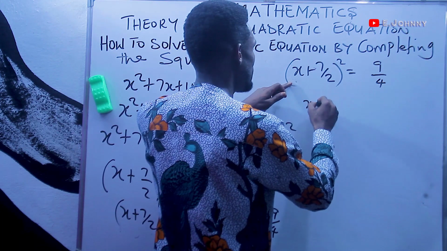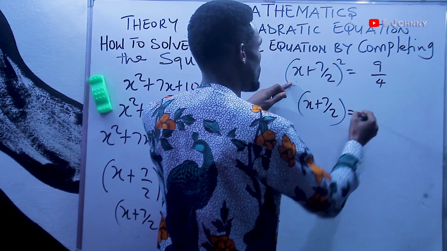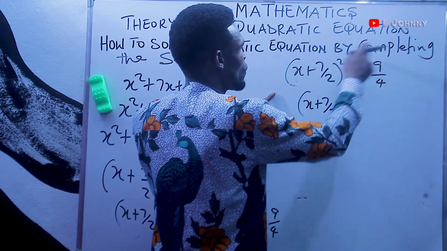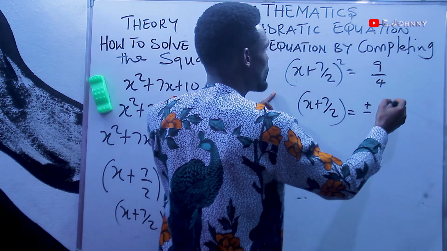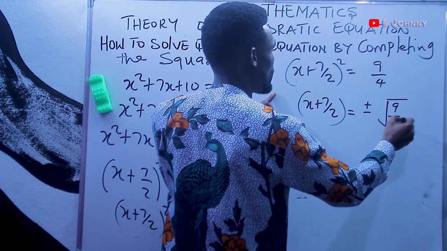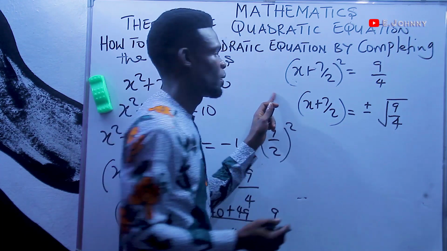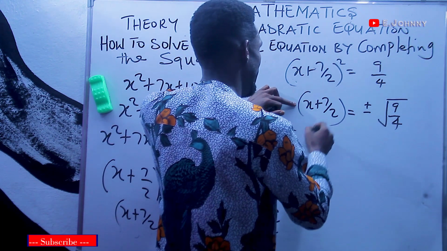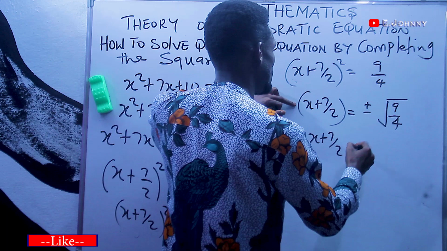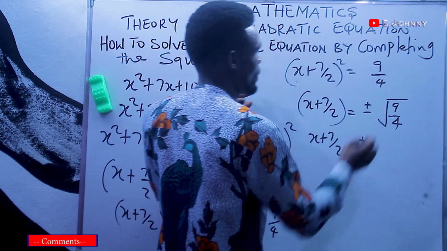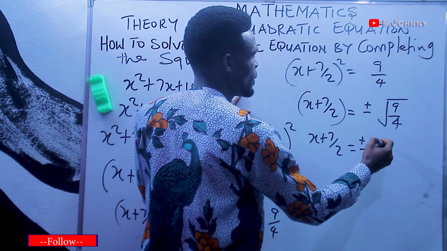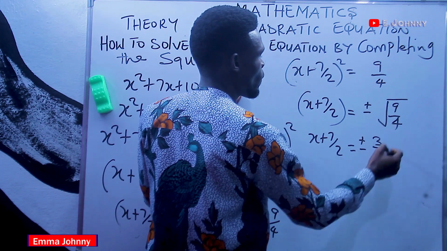So you have x plus 7/2 equals, when this square crosses, it will become plus or minus the square root of 9/4. Don't forget. So at this point, x plus 7/2 equals plus or minus the square root of 9, which is 3, all over the square root of 4, which is 2.